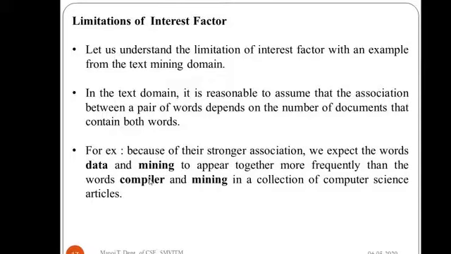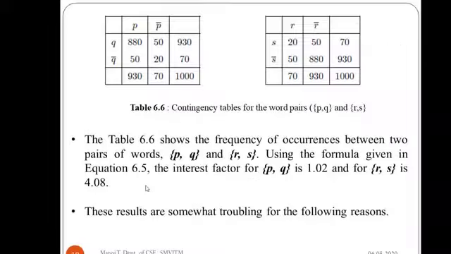There are high chances that these two words will appear more frequently in a paragraph or a sentence compared to the words compiler and mining, because nobody will say compiler mining. So the chances of the pair of words compiler and mining appearing will be very low. Taking this example, we will see the limitation of the interest factor. The contingency table is given over here.